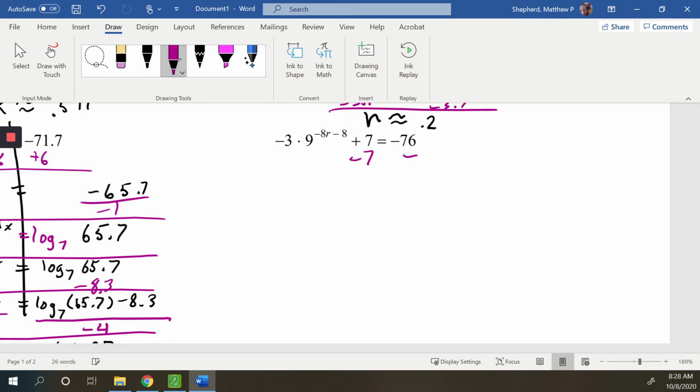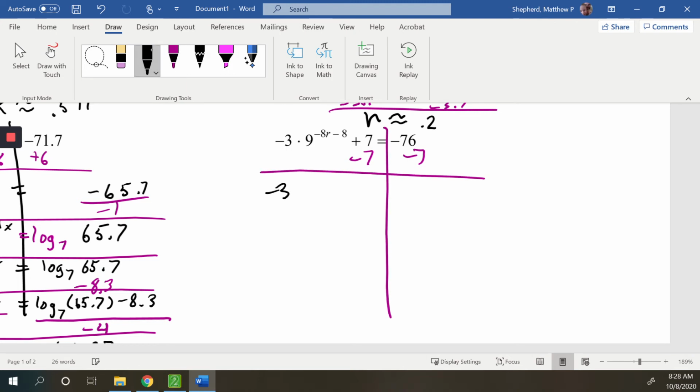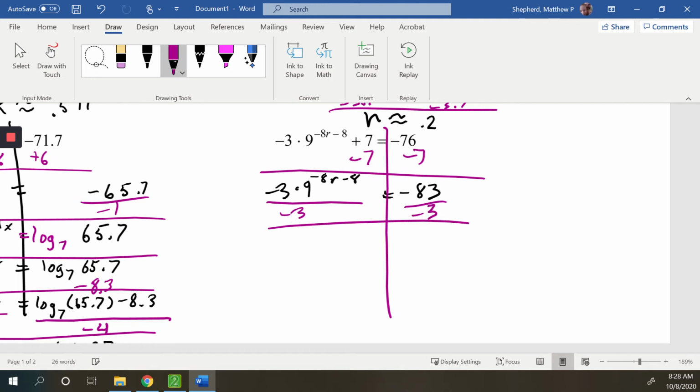Okay, next one, let's just minus our 7 from both sides. Negative 3 times 9 to the power of negative 8r minus 8 is equal to negative 83. Divide both sides by the negative 3. And now we properly have our exponential statement all alone.